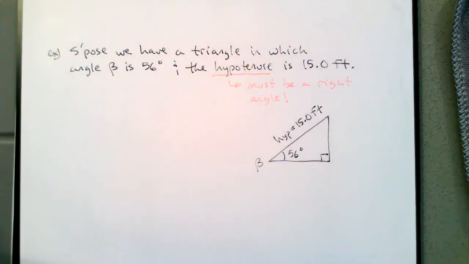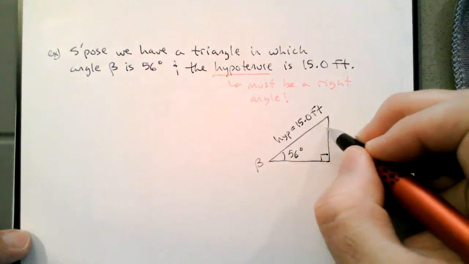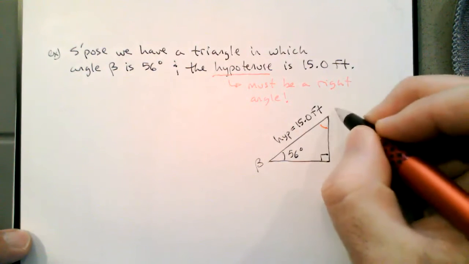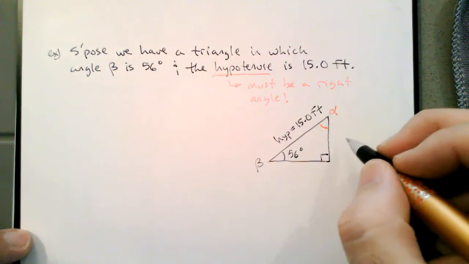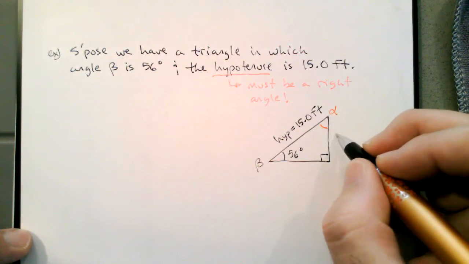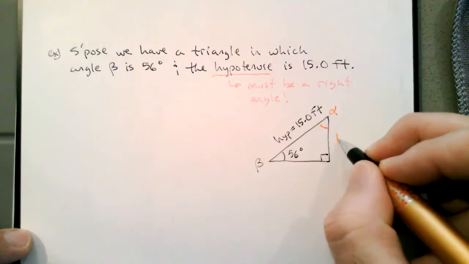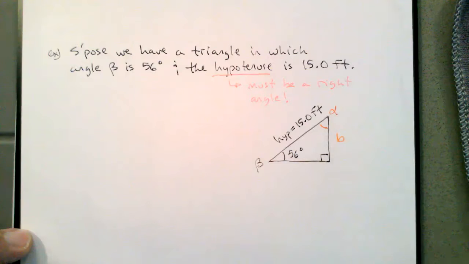I'm going to follow my standard naming convention so that the things that we're looking for are angle alpha, side B, and side A.